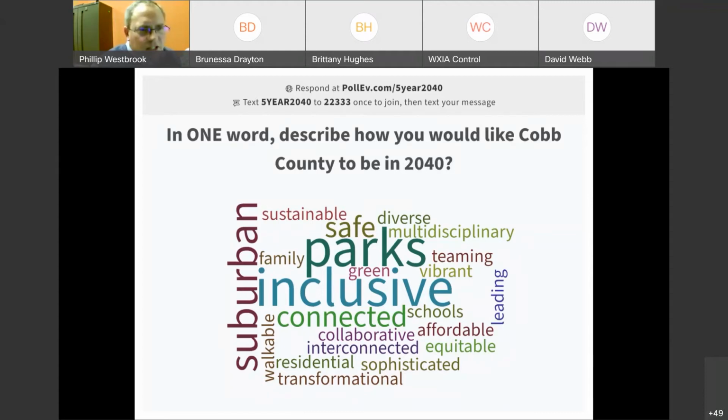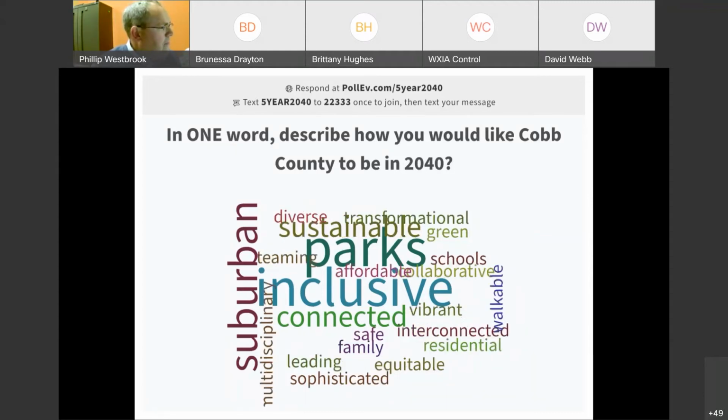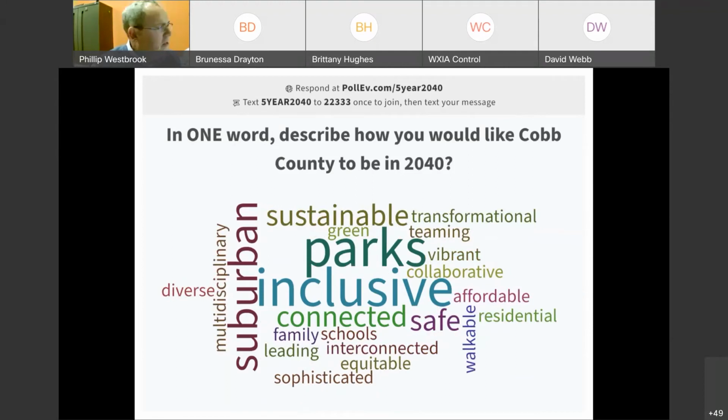It looks like suburban is taking shape. In our past comprehensive plan, we were pretty much focused on the preservation of some of our suburban areas.